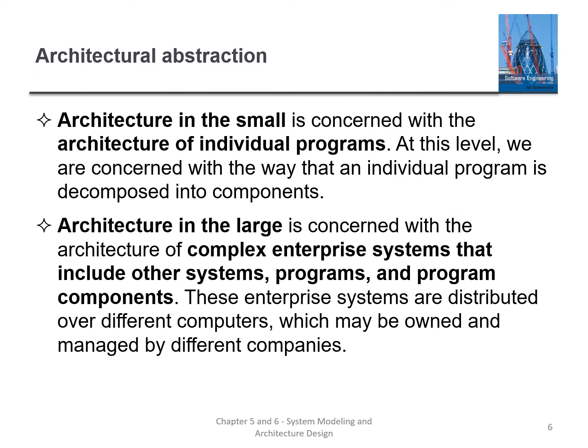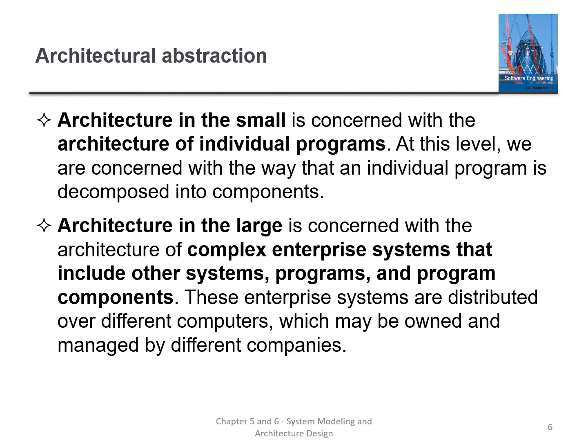Abstract architecture can be seen from two perspectives. Okay, architecture in small and architecture in large. Let's take a look at architecture in large, the one that you have seen just now, the packaging robot system.